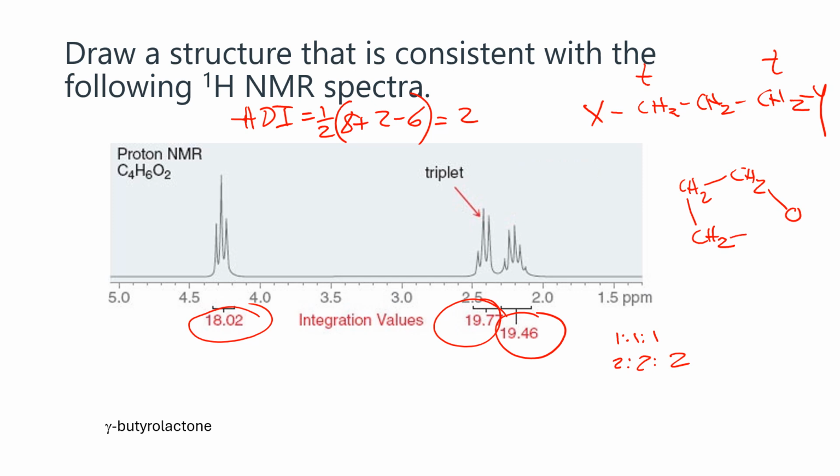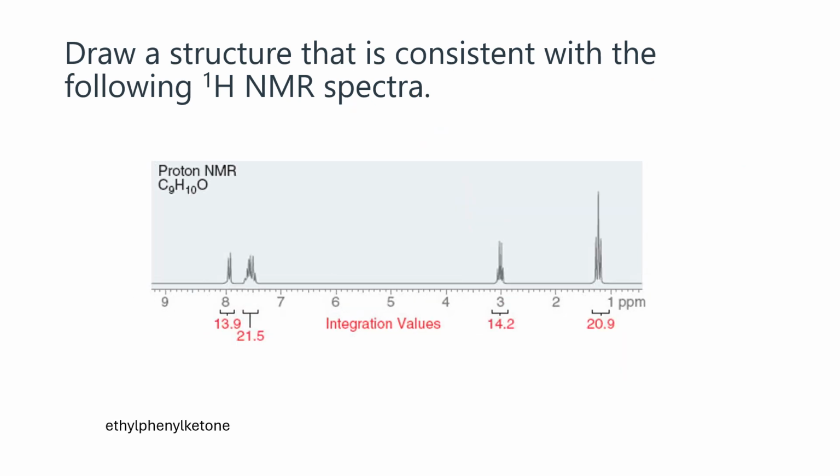So I'm going to come up with this to complete the number of carbons and the number of oxygens in 2 unsaturations. 1 is due to a double bond and 1 is due to the ring. So that is a lactone, and it's butyrolactone. But the point is that I started with 3 CH2s. Here. What do we have?